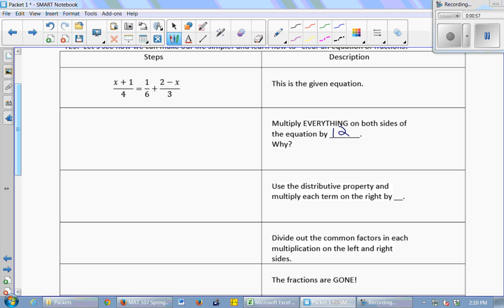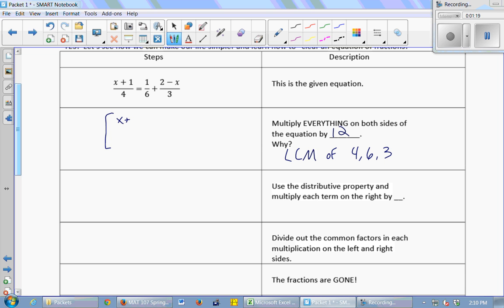That's because it is the least common multiple, or the least common denominator, for those three fractions. Of 4, 6, and 3, the least common multiple is 12. So I multiply everything on both sides by 12.